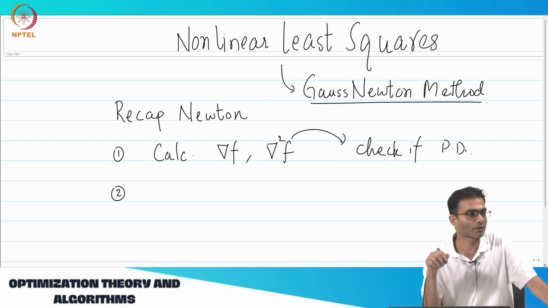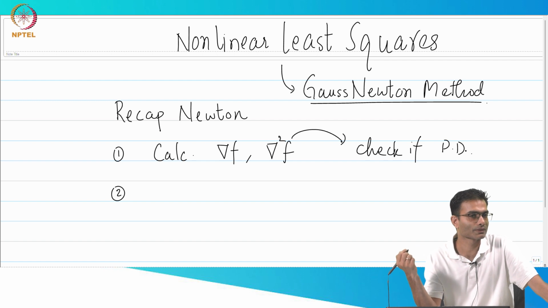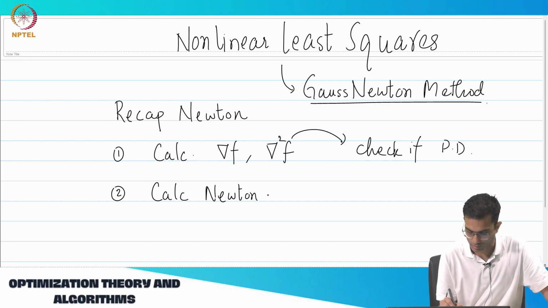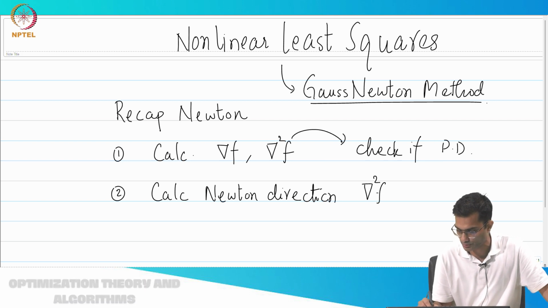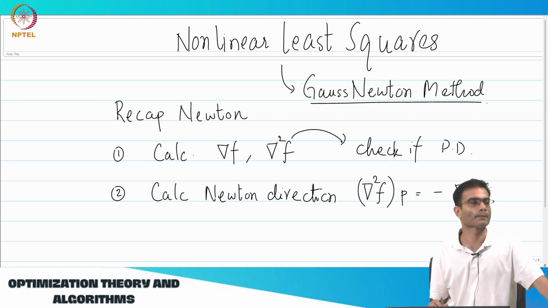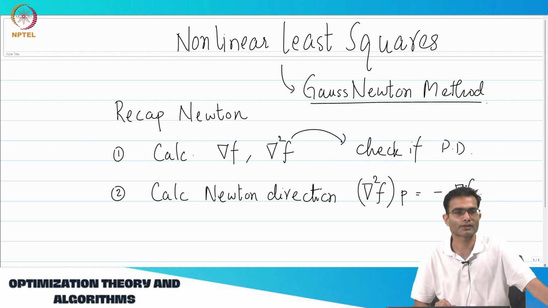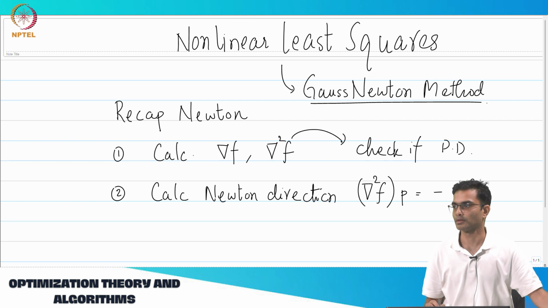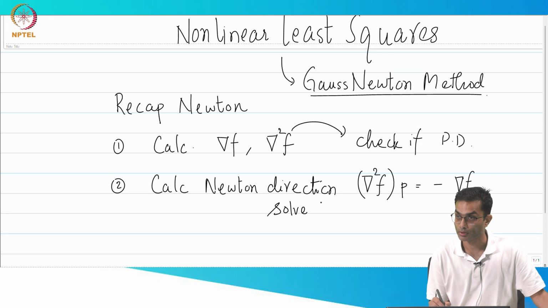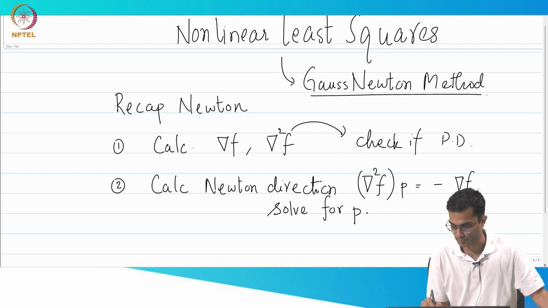Next, after having gotten these two quantities, what do I compute next? The Newton direction, right? So calculate the Newton direction, which is simply the solution to this: del squared f into p is equal to minus grad f. I need to solve for p in order to get the Newton direction, right?